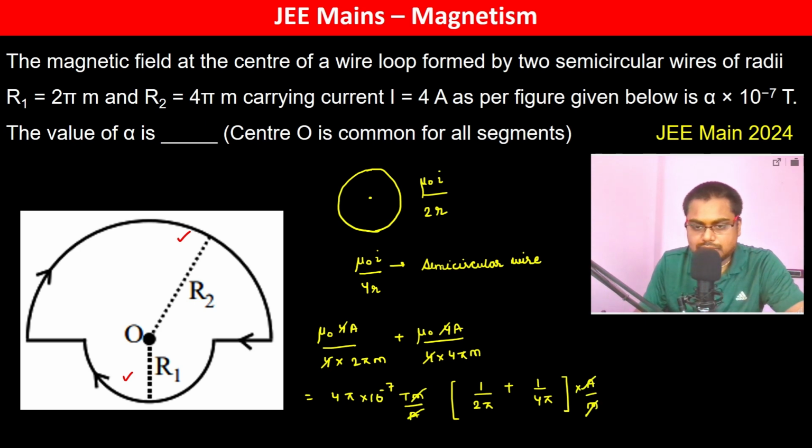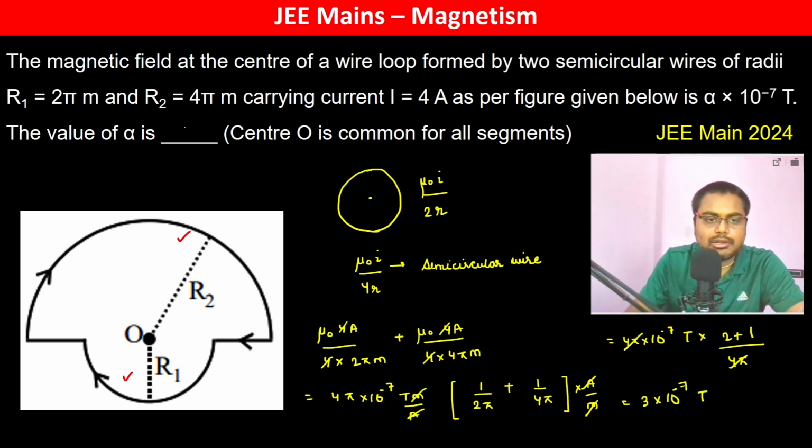So this becomes 4 pi into 10 to the power minus 7 Tesla into 4 pi, 2 plus 1. 4 pi is also gone. So this is 3 into 10 to the power minus 7 Tesla. So therefore the value of alpha becomes 3, because it's alpha into 10 to the power minus 7.